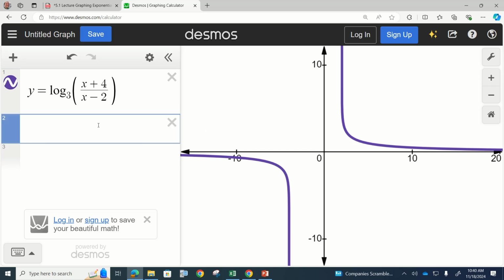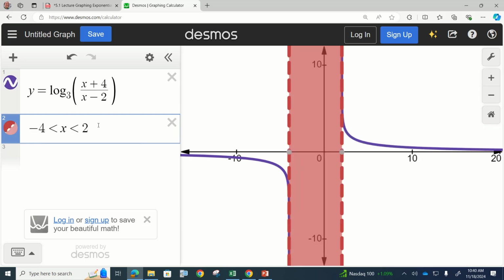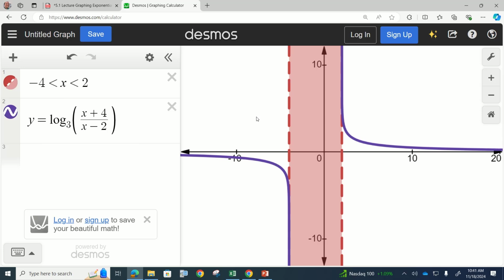And what I claimed to say about the domain is that the domain couldn't have any x values that were between -4 and 2. These are places where this purple curve just does not exist. And then the other thing I said about my range is that the range could be any real number, it just can't ever reach 0. And that seems to be the case here too. So that's how you check your answers.